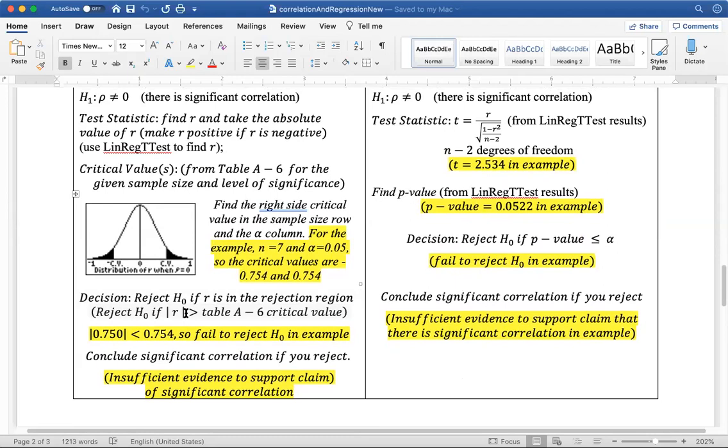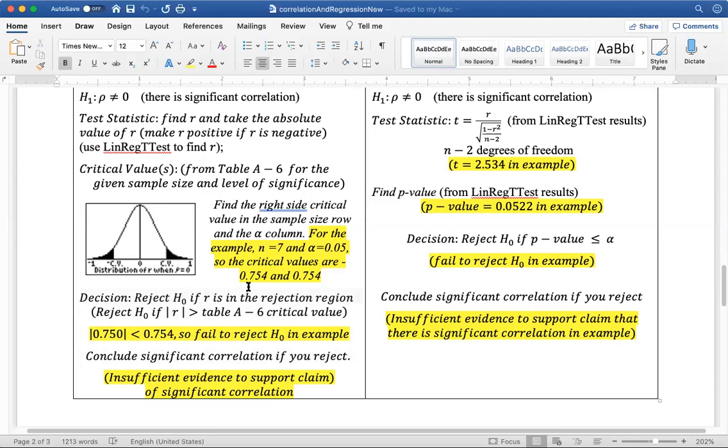Absolute value of R basically just changes a negative to a positive. So if R is negative, we'll use the positive. If R is positive, we're still using the positive. If R is greater than the critical value, we will reject H0. That's the rule. You've got to remember that.